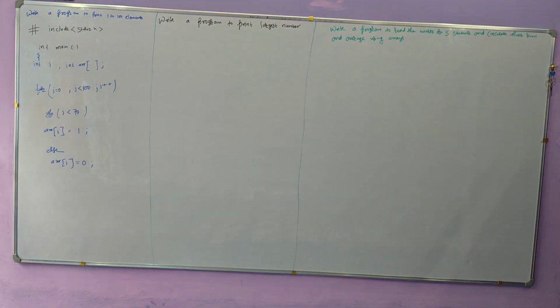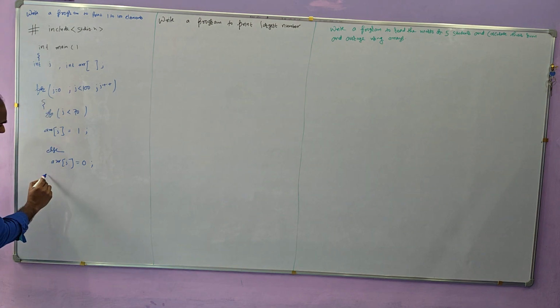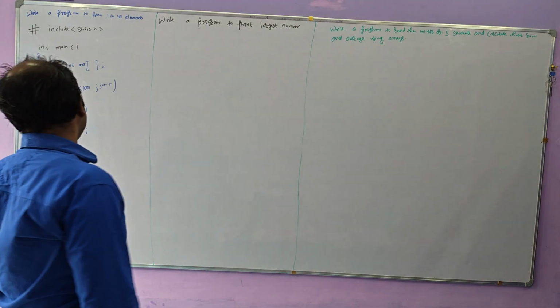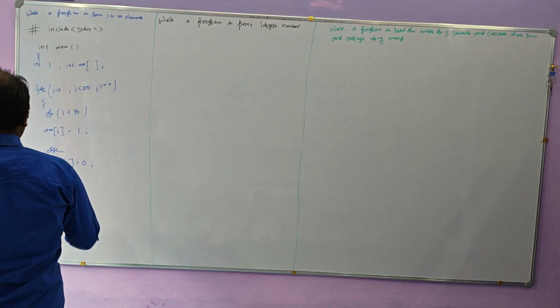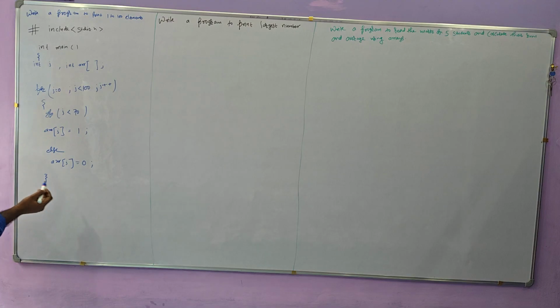That is our condition. If i is less than 70, then ar of i is equal to 1, otherwise ar of i is equal to 0.